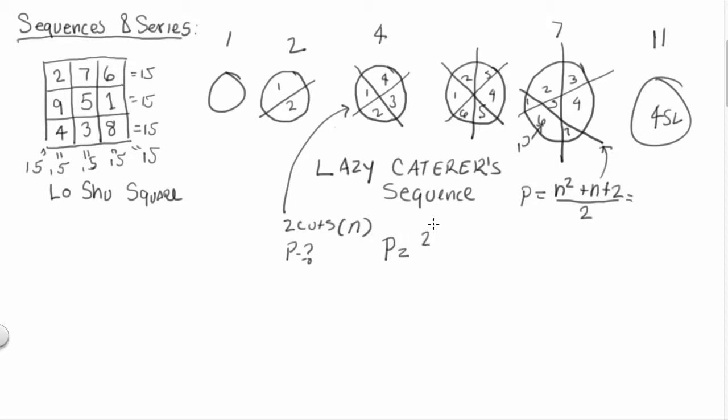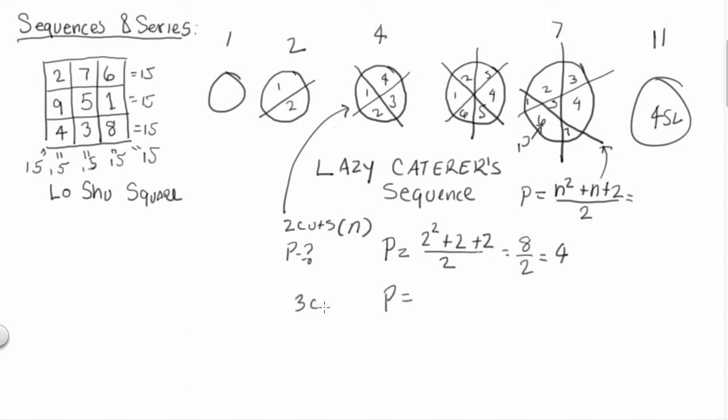So that's 2 squared plus 2 plus 2 over 2. And that's going to give us, okay, 4 and 4 is 8 over 2 equals 4. Simple enough.